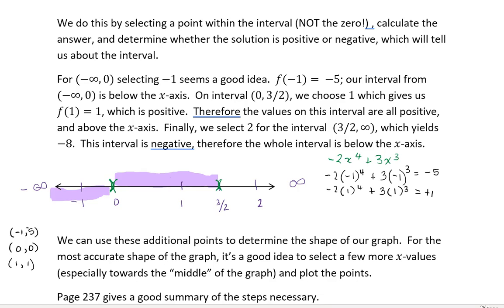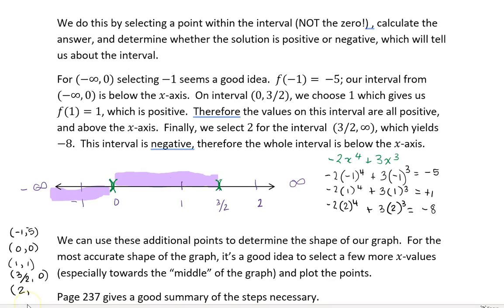And I'm going to do the same thing with my 2. Actually, let me go ahead and mark down my 3/2 and 0. And now I'm going to pick a 2, and we're going to find out what happens here. When I take -2 times 2 to the 4th plus 3 times 2 to the 3rd, that's going to get me a -8.